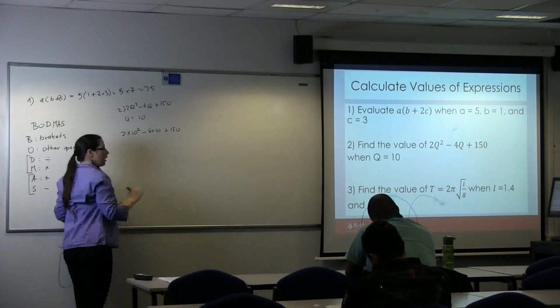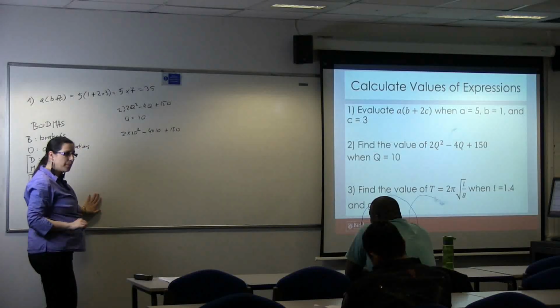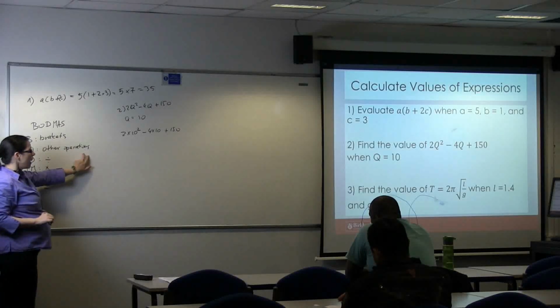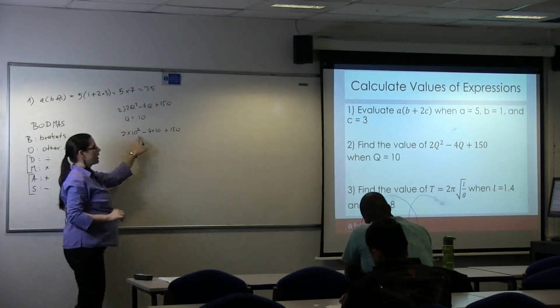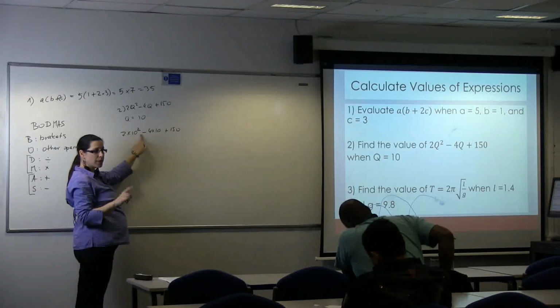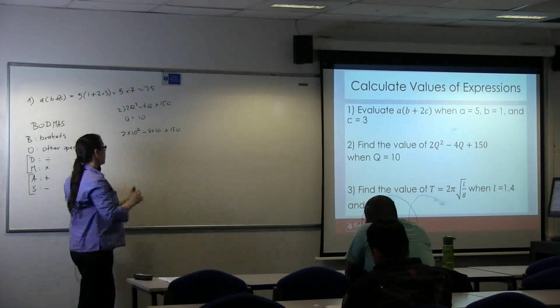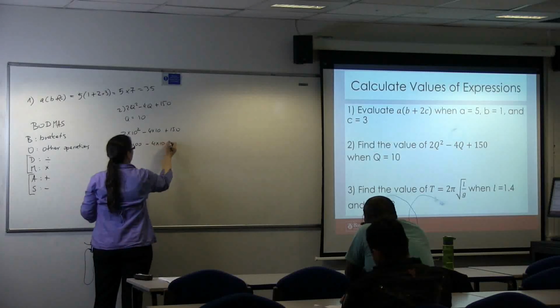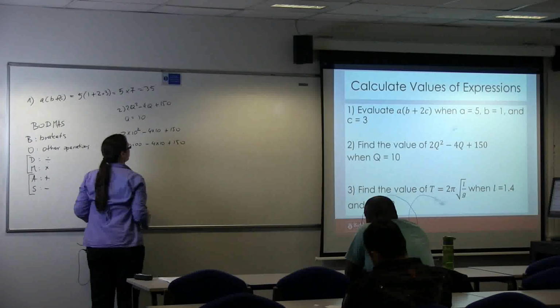I don't have brackets in this scenario. So the next is the other operations. And I do have a higher order operation in here, the square. So that's the one I need to do first. So this will be 2 times 100 minus 4 times 10 plus 150.